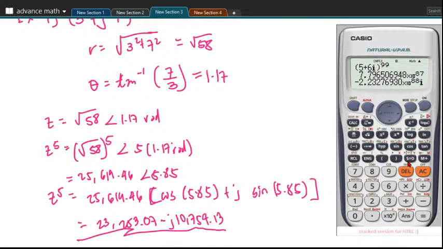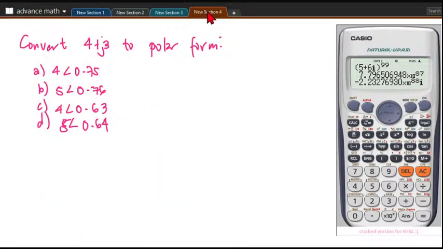As for your exit attendance, I will be showing you a very simple problem in which you convert a complex number into its polar form. For your answer, just chat your name on the group chat and the letter of your answer. This will be the problem: convert 4 plus j3 to polar form.